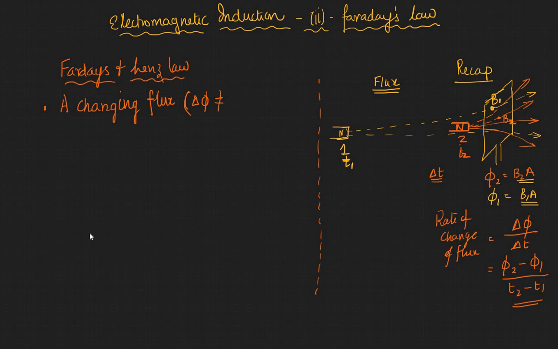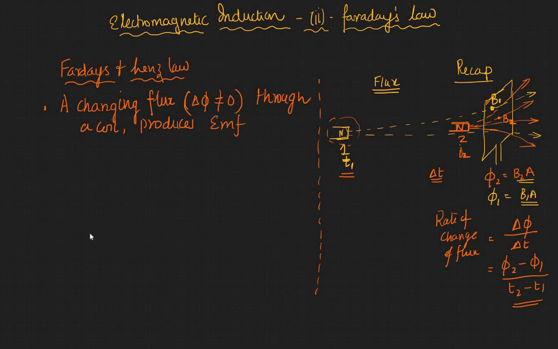Now let's look at the coil. In this particular coil, if this magnet was stationary at point 1, then your delta phi would be 0. So what we are saying is this magnet is not stationary. If this magnet is moving, that's when there will be a changing flux through a coil, which produces EMF.